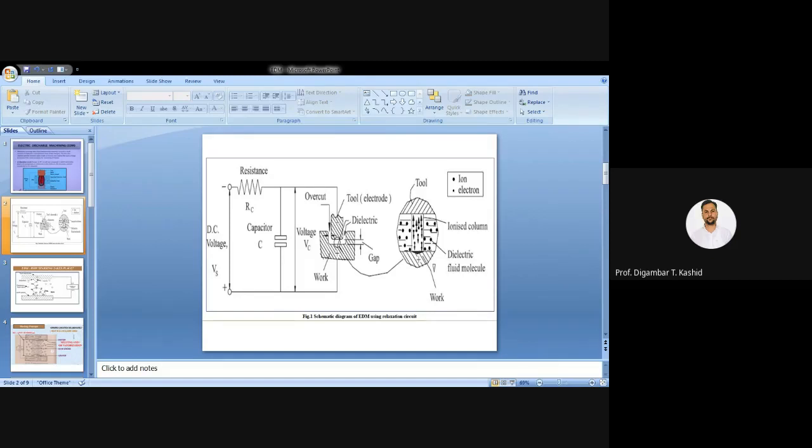Now when we apply some voltage, here you can see the applied voltage.